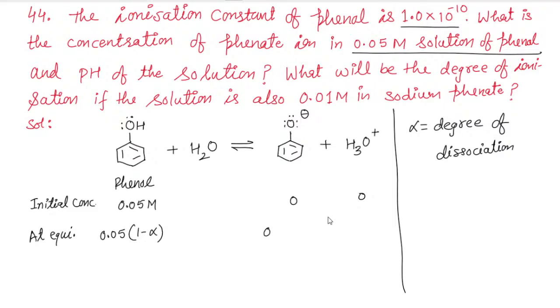So the products become 0.05 alpha each, because out of 0.05, 0.05 into alpha is ionized. Because its ionization constant is very less, 10 raised to power minus 10. Very less.